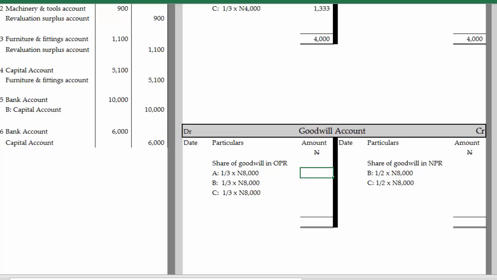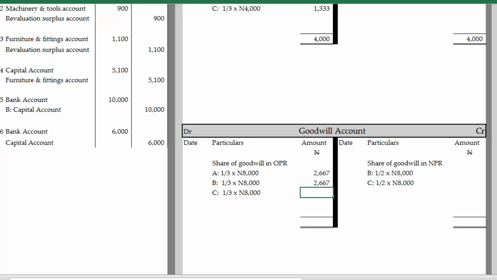A will have 1/3 multiplied by 8,000, and that is 2,667. Okay. B will have 1/3 multiplied by 8,000, and that will be 2,667.